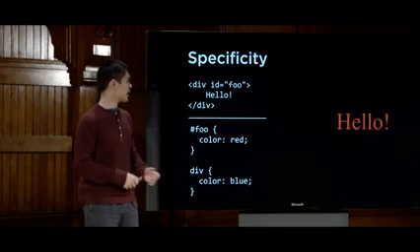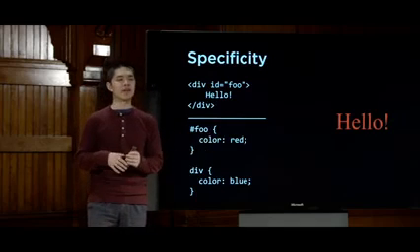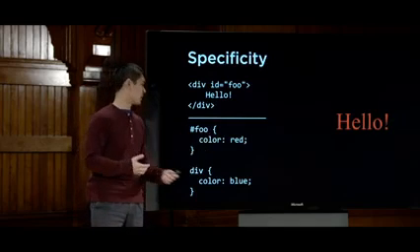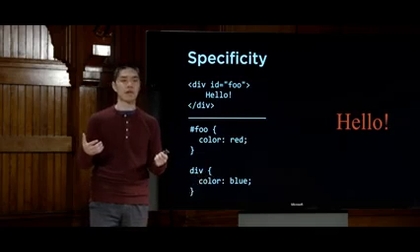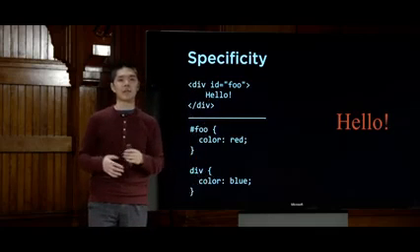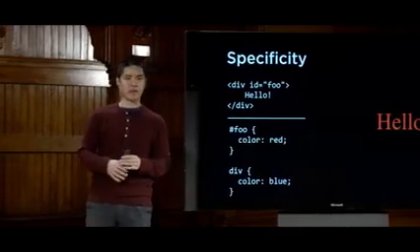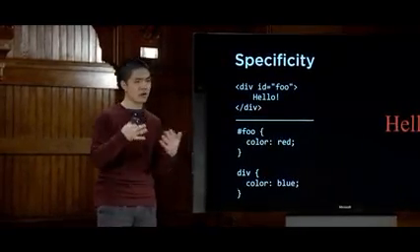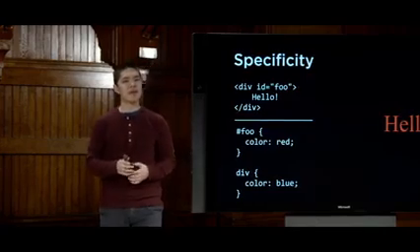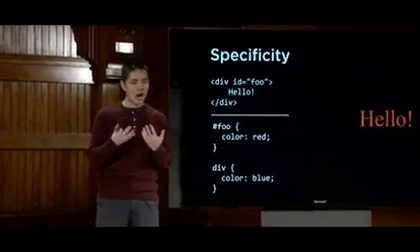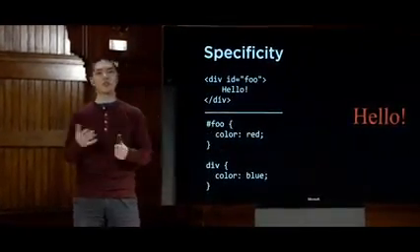Otherwise, we fall back to what type of HTML element it is. Is it an h1? Is it an ordered list? Is it a table? In short, the type is the least specific, class is slightly more specific, ID is more than that, and the most specificity we can provide is by literally putting the CSS inline with the HTML element itself.